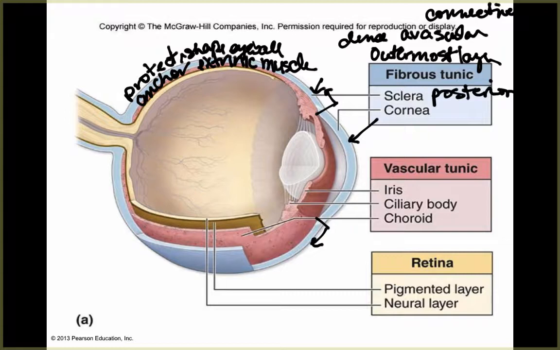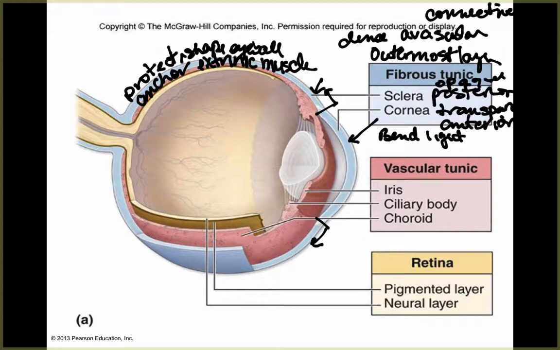And so the cornea is this guy right here. The sclera is posterior and it's opaque, where the cornea is transparent. You can see through it, right? And it's anterior, of course. You're hoping it's anterior because this is what you're seeing. This is what's allowing light to go through. It's going to bend light as it enters.